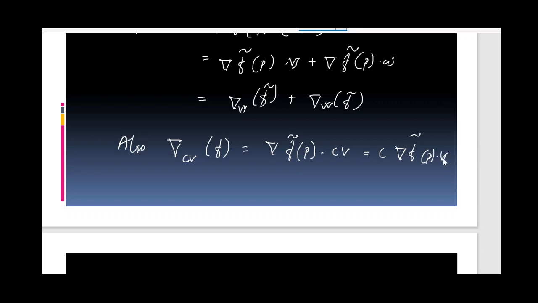Also, we can easily check that del cv of f is equal to del f tilde of p dot cv, and this can be written as c into del f tilde of p dot v, and this is equal to c into del v f, for every v, w belonging to S_p.